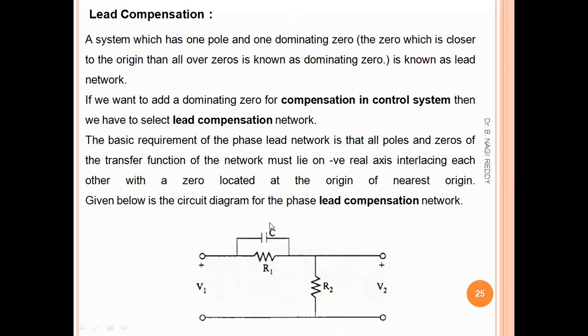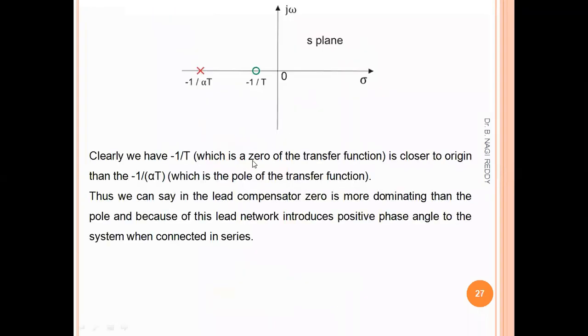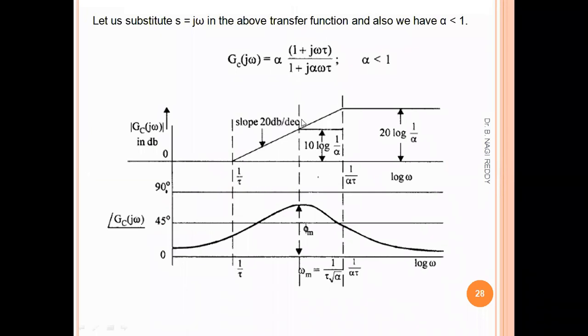By controlling these parameters, we can control alpha and tau, which can bring the system, when it is unstable, into the stable region. Right? So this is how we have to design the compensator to bring the entire system into the stable region. This is the main idea of designing a compensator.